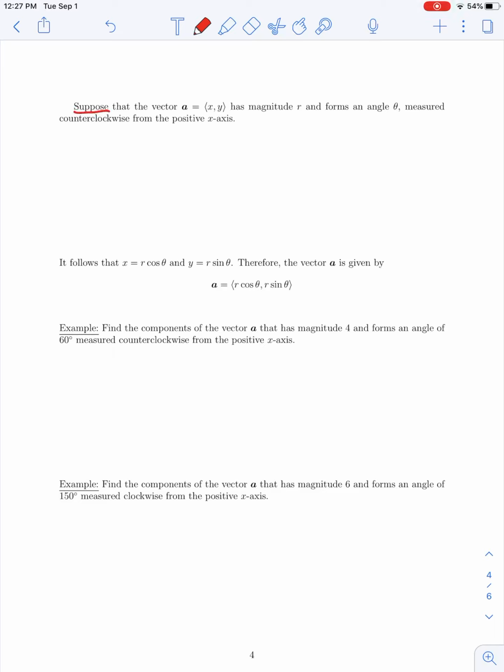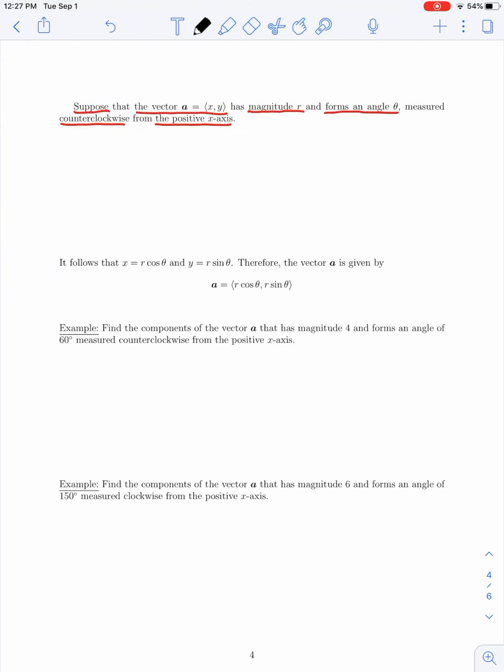So let's introduce this. Suppose that we have a vector A whose components are x, y, which has magnitude or length r, and it forms an angle theta measured counterclockwise from the positive x-axis.